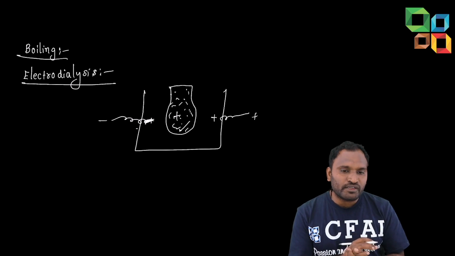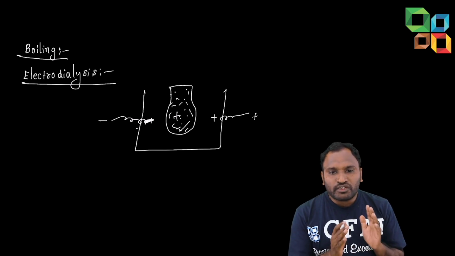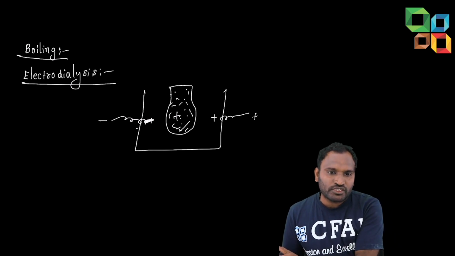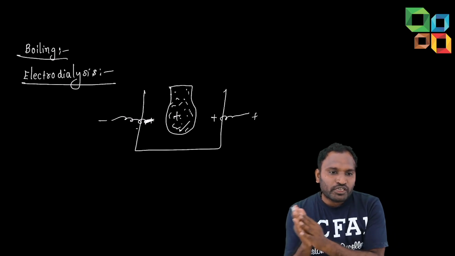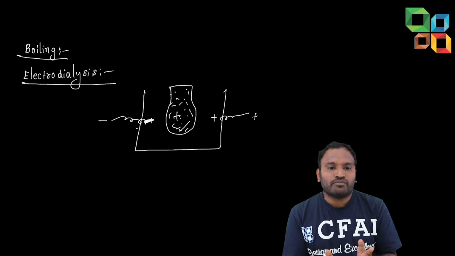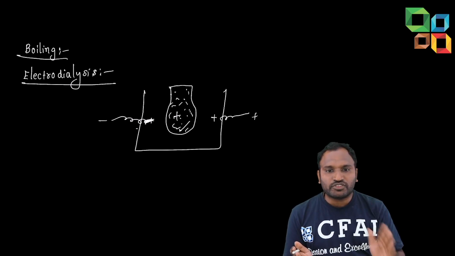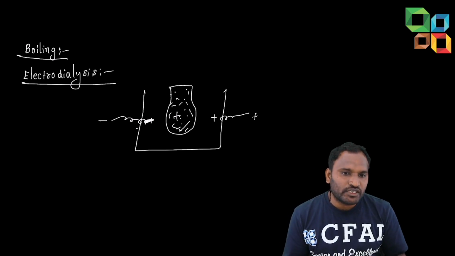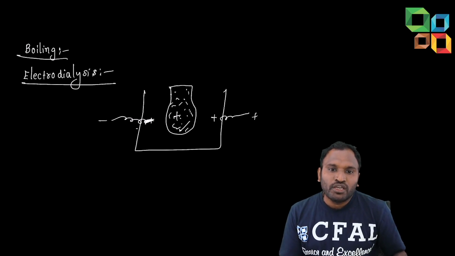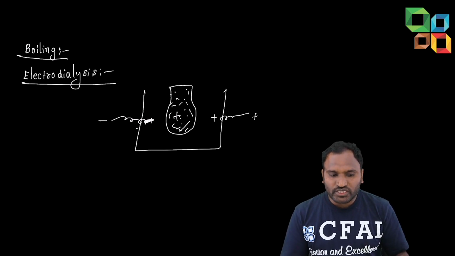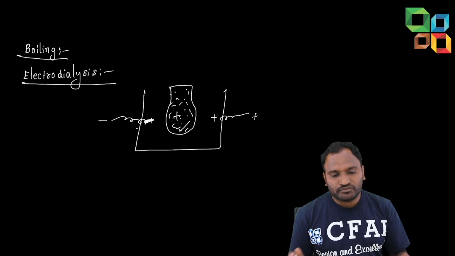So when we pass electricity, negatively charged colloidal particles get attracted towards the positively charged electrode. If the colloidal particles carry positive charge, they move towards the negative electrode. They move towards oppositely charged electrodes and they get settled. This is electrodialysis.